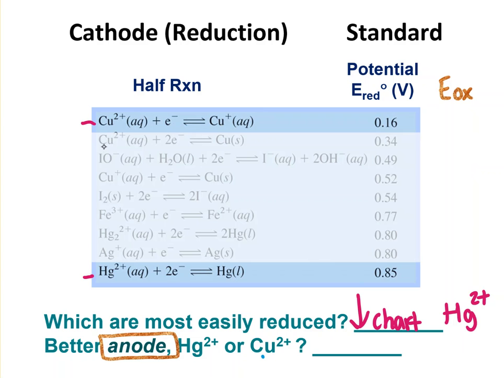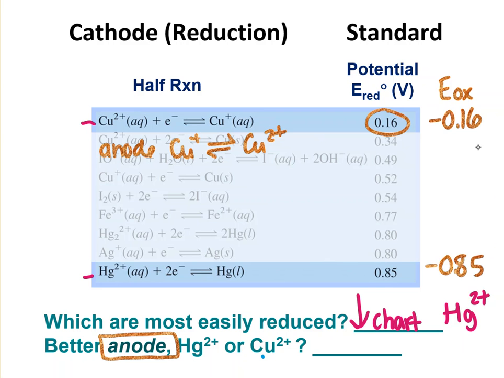So for an anode, the copper reaction would be opposite of this one. And because it would be opposite, I'm going to change the sign there. And I could do the same thing for this one. If I'm interested in this being an anode, I would change the sign here. So I would have -0.85, and these are volts. And that would be true for all of those, but I'm comparing these two.